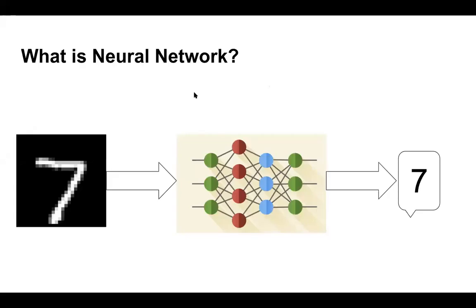So first of all, what is a neural network? You can think of it as a function. If you look from this picture, you can see that let's say you have an input image which looks like a 7, and you pass it into a neural network, and therefore you hope that this neural network will tell you that, hey, this image is a 7.